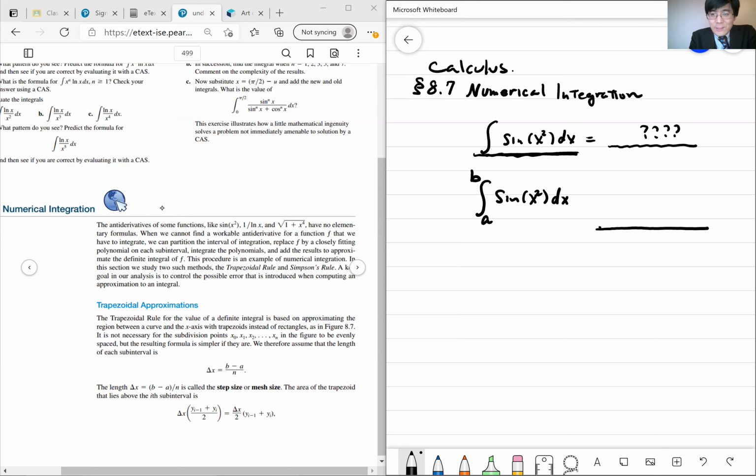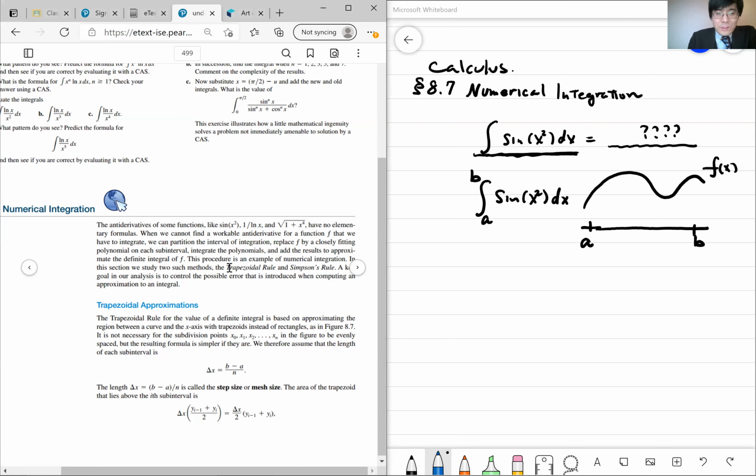Let's say we have a function y is equal to f(x) over the interval a through b. There are two techniques explained in this section, which are the trapezoidal rule and Simpson's rule.